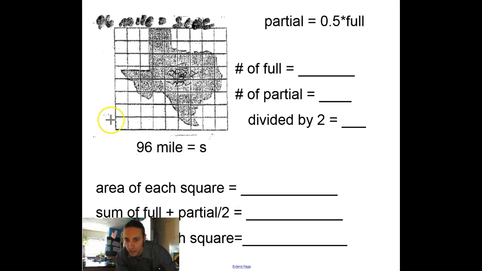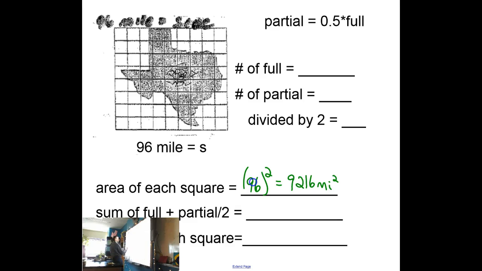Because each one of these boxes is 96 by 96. 96 squared is 9,216 square miles.